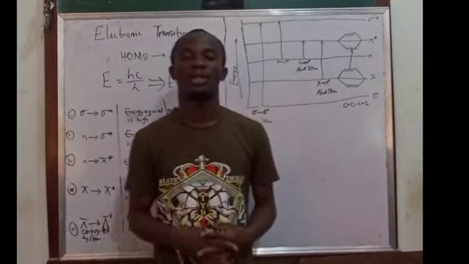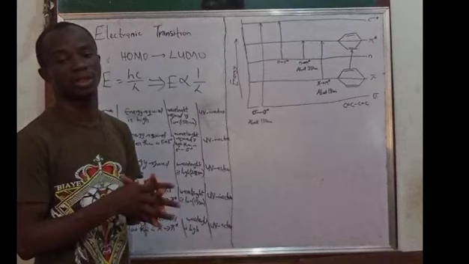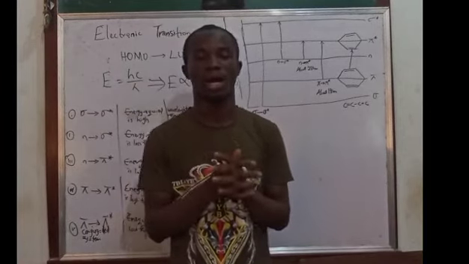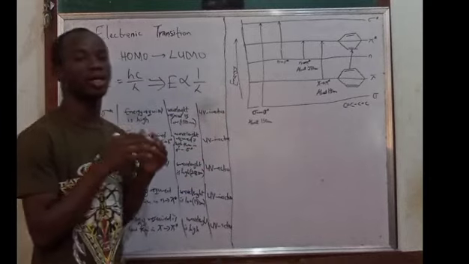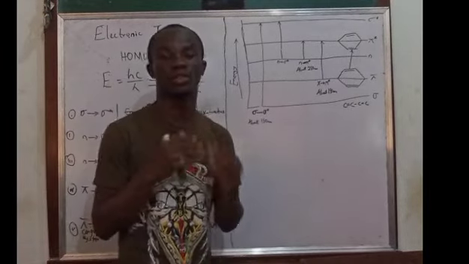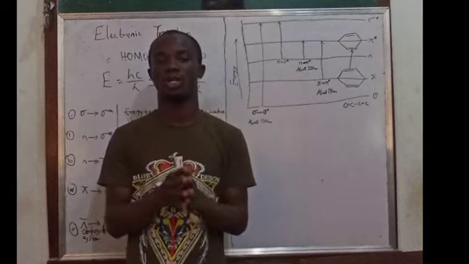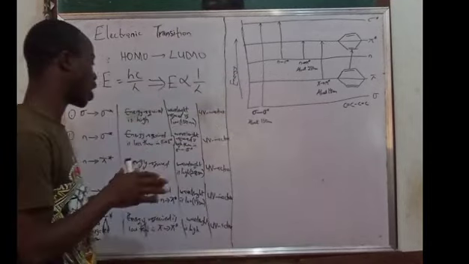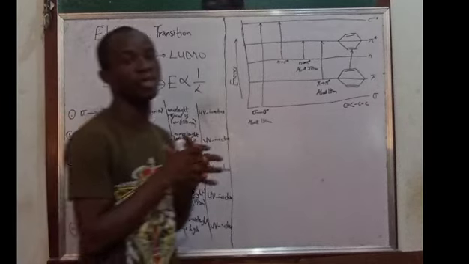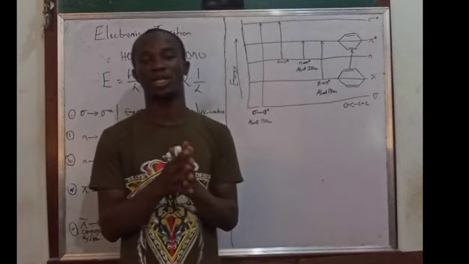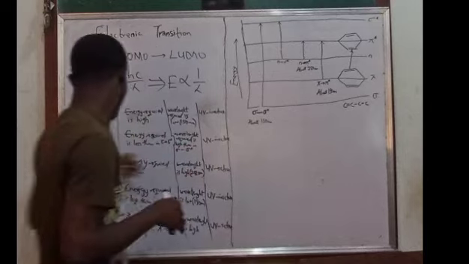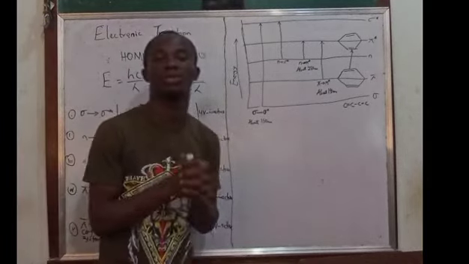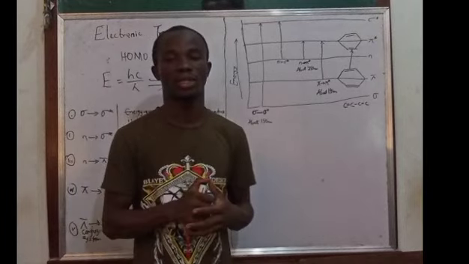So in summary, I have talked about what electronic transition is. I have also given the different kinds of electronic transitions that we have, and I've tried to indicate the amount of energy required for each transition and which of the transitions can occur with UV light. I mentioned that it's only two that UV carries enough energy to cause, which are the N to pi antibonding and the pi to pi antibonding that we have in a conjugated system.